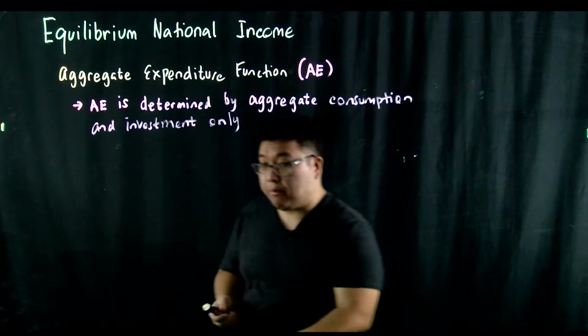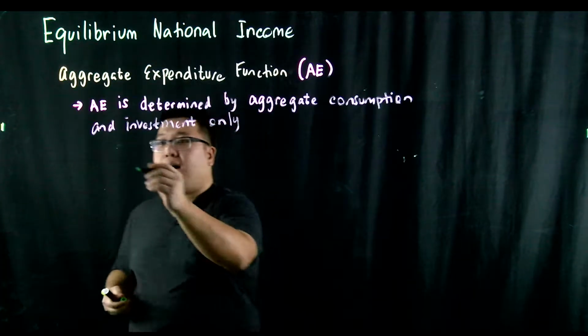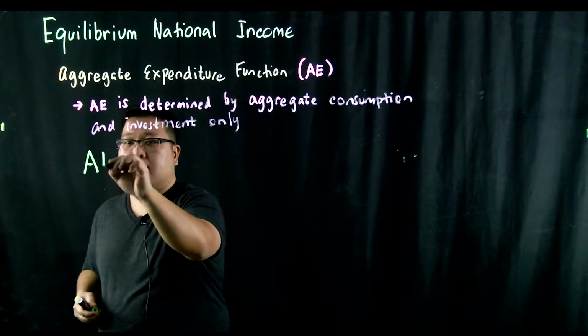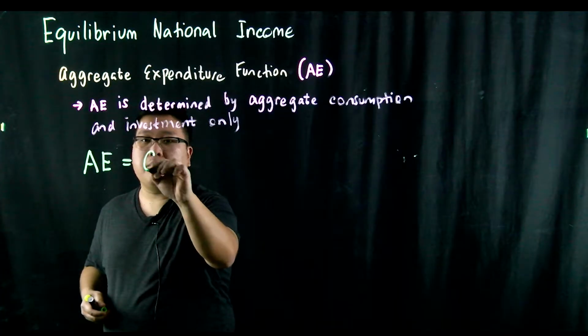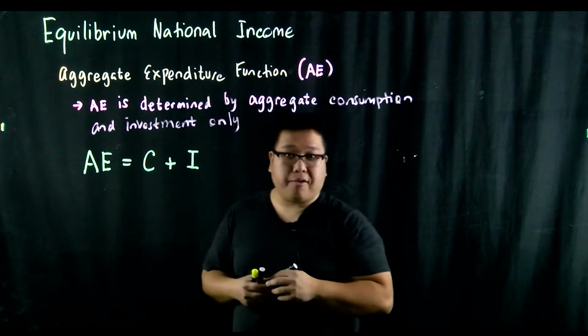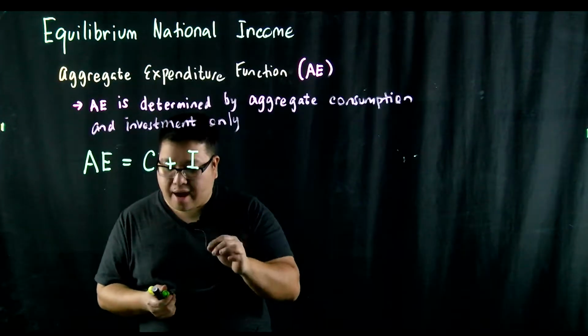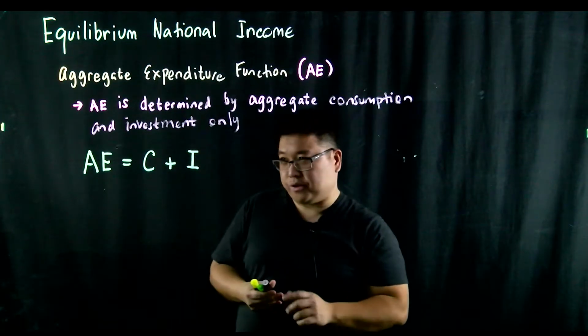So how would it look like? Well, since it's determined only by consumption and investment, then our AE should look like this, AE equals C plus I, where C is our aggregate consumption expenditure, and I is our desired autonomous investment expenditure.